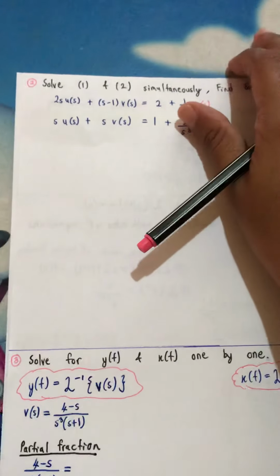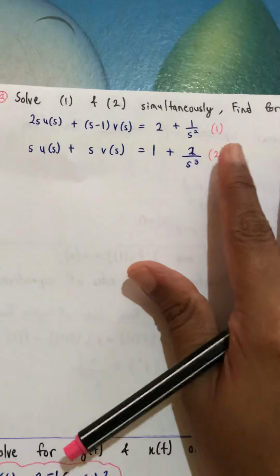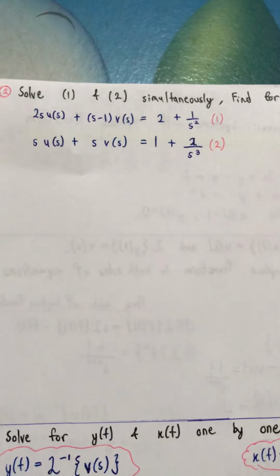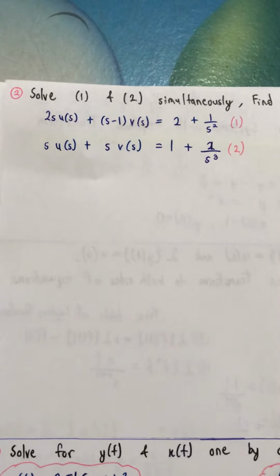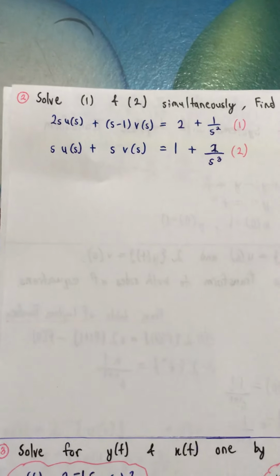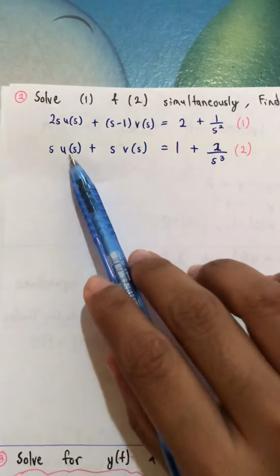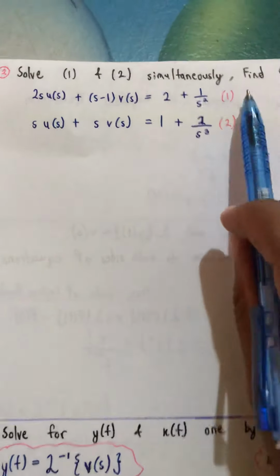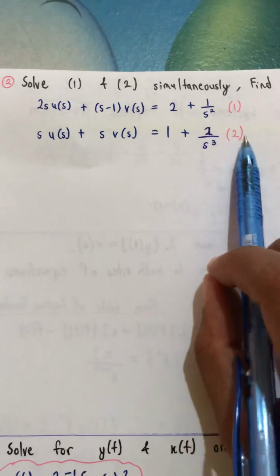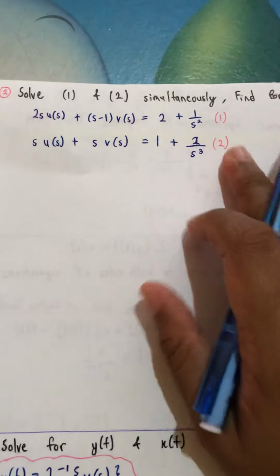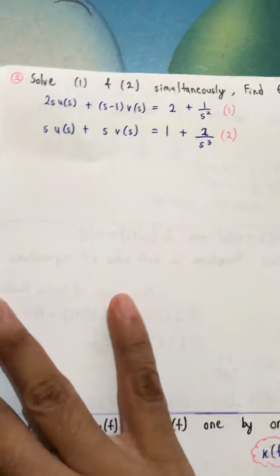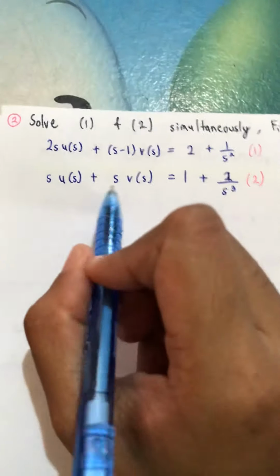Step 2 is we need to solve the first and second equations just now simultaneously to find the functions U(s) and V(s). So let's do this.